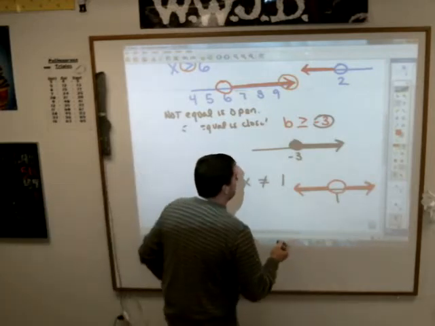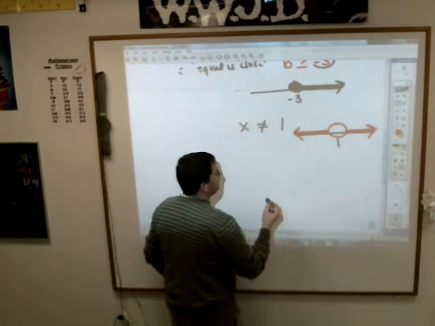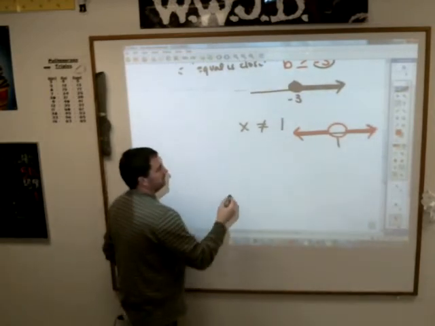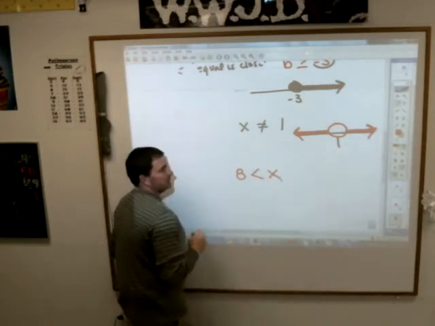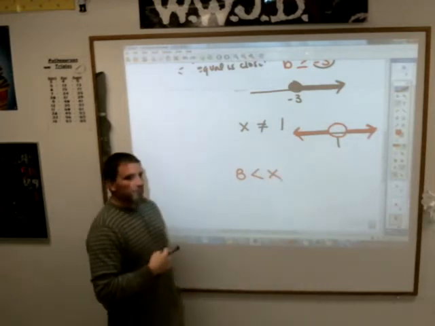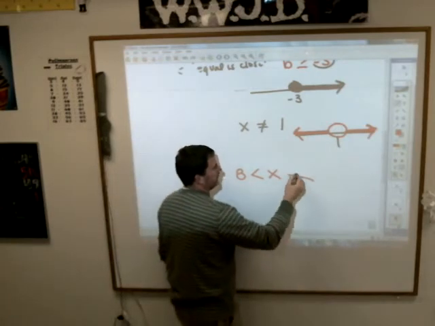And then the only other thing we have to talk about is this. When you do inequalities, you're not allowed to have this. The variable must be on the left side. This is no good.